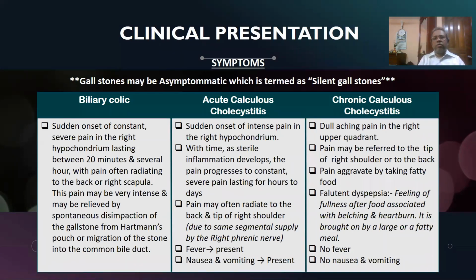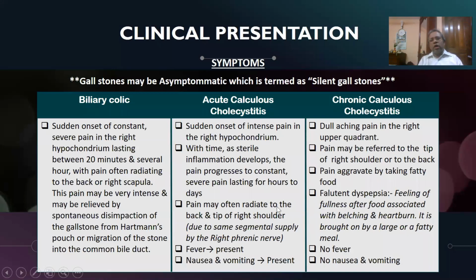That means sudden onset of intense pain in the right hypochondrium. Then with time, as a sterile inflammation develops, the pain progresses to constant, severe pain lasting for hours or days. Pain may often radiate to the back and tip of the right shoulder. That is the important thing: the pain radiates to the back and tip of the right shoulder.